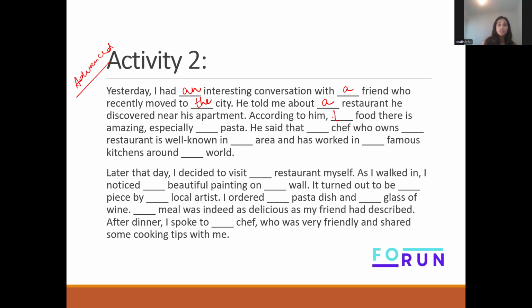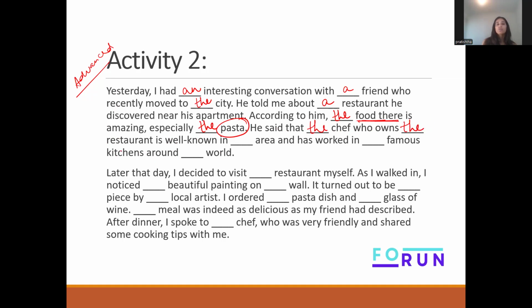According to him, the food there, particular food of the restaurant, is amazing, especially the pasta of the restaurant. So you have to look at the context here. In this paragraph form, it is more difficult because you have to look at the context. You have to look at the previous information too. He said that the chef who owns the restaurant.